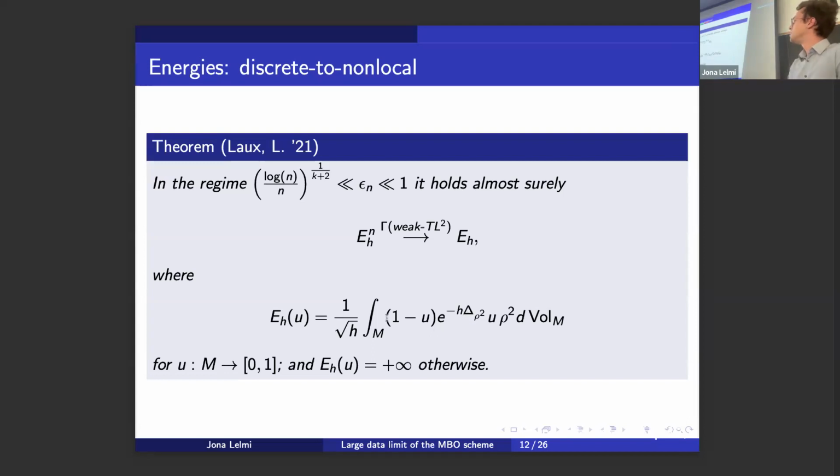So this is nothing but the heat content on the manifold. We are saying essentially that as the number of data points goes to infinity, the outcomes of the MBO scheme will be close to local minimizers of this energy here.